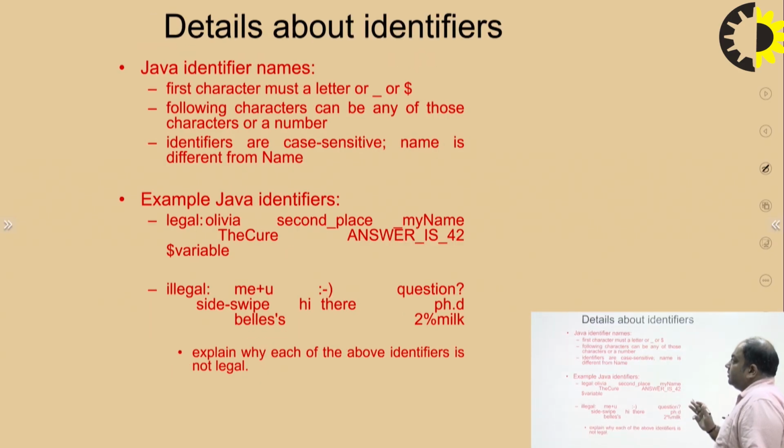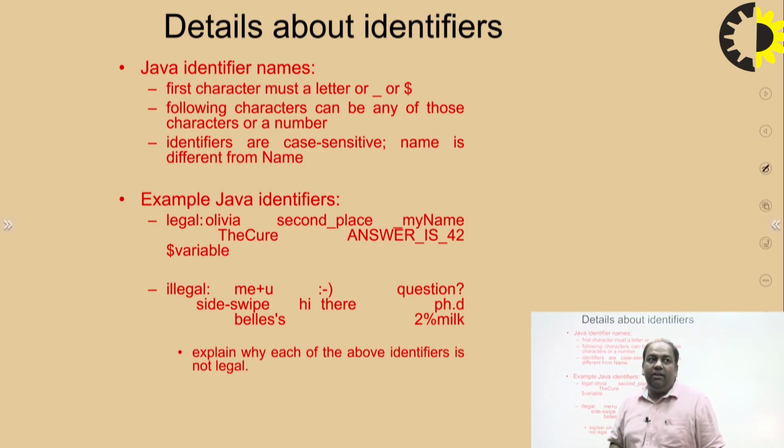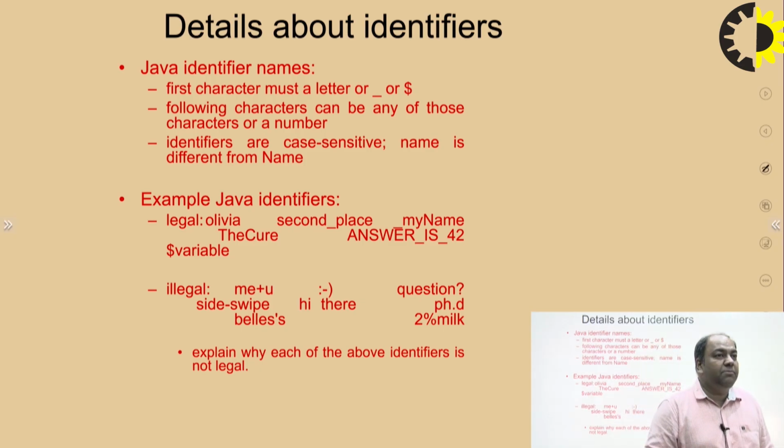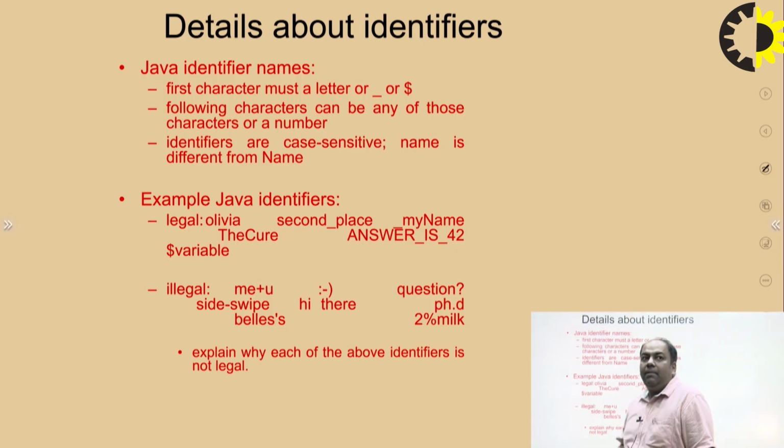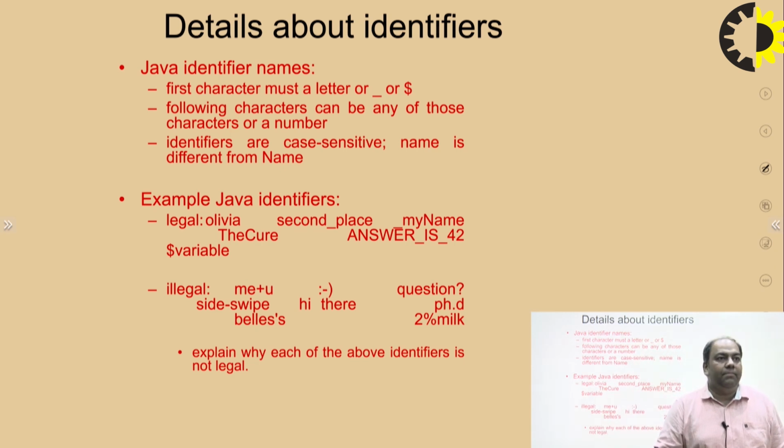So, what are the rules for defining an identifier? In identifiers, the first character must be a letter, underscore or dollar sign, but cannot be a number, cannot be any special character, and does not have any dash or any special character.